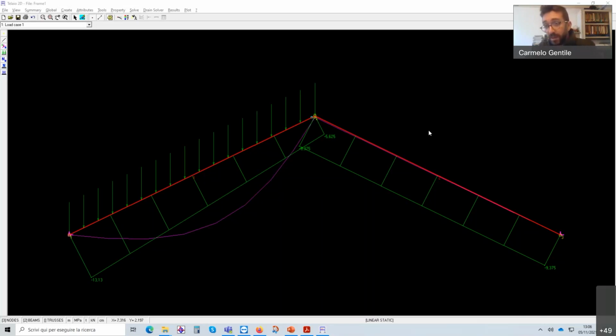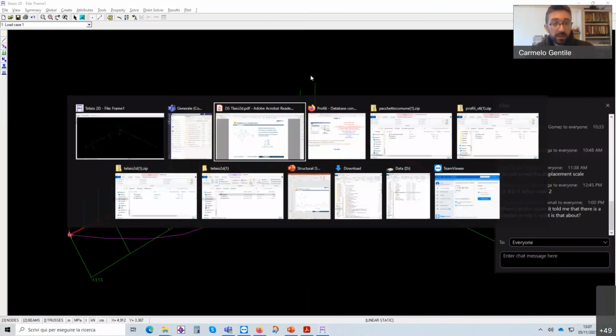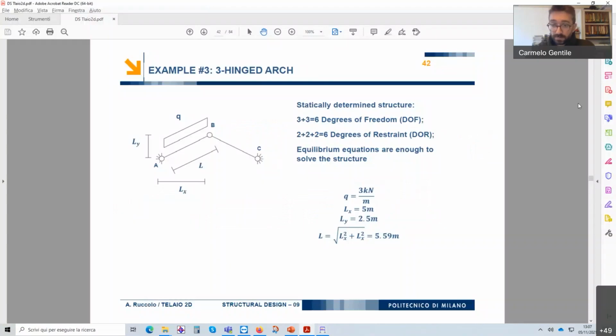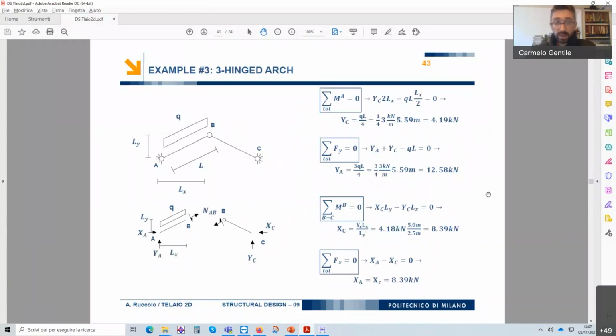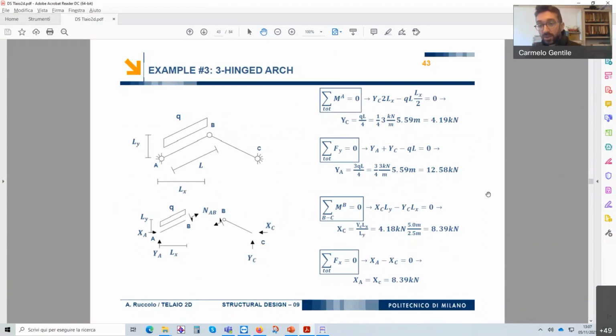So we have done this exercise. Just creating the structure very quickly, we can find all the properties that we are interested in for solving the structure, neglecting all these computations that may sometimes lead us into error, but they are important in order to check the results.